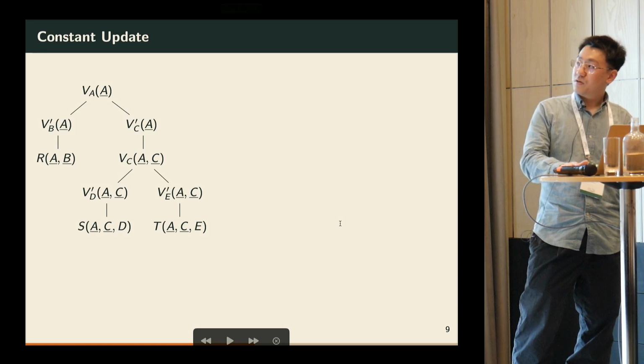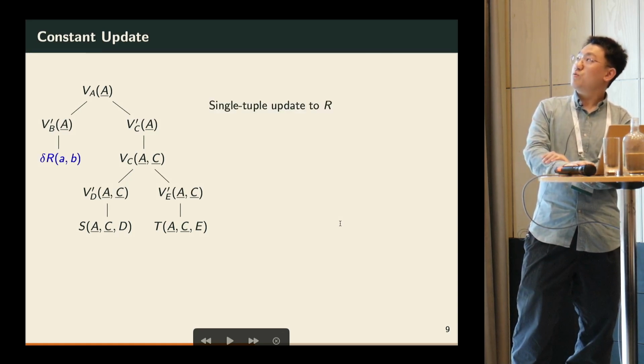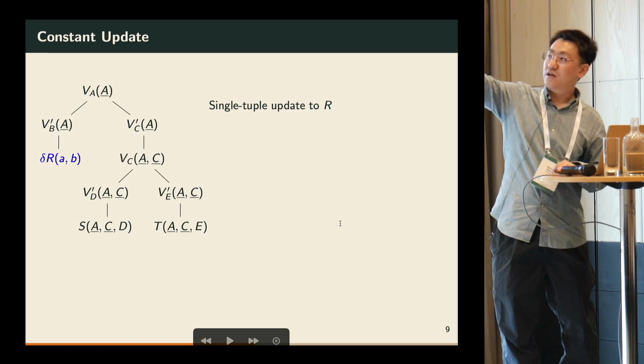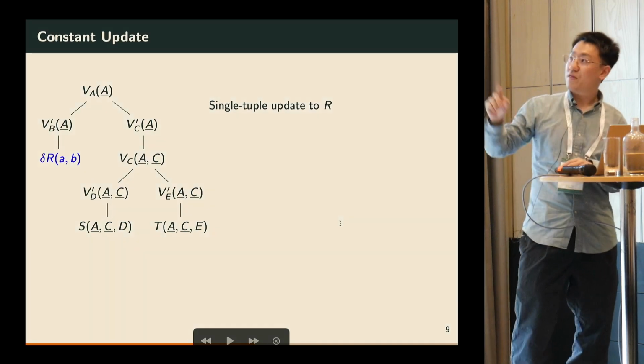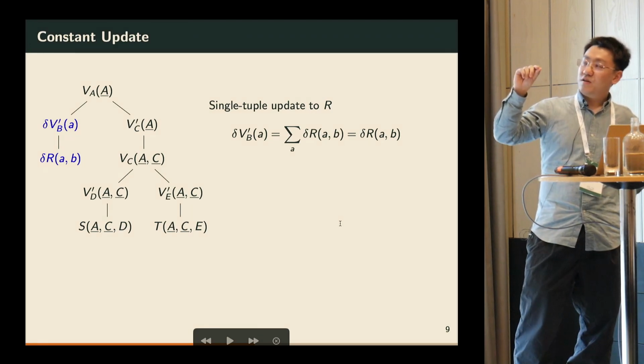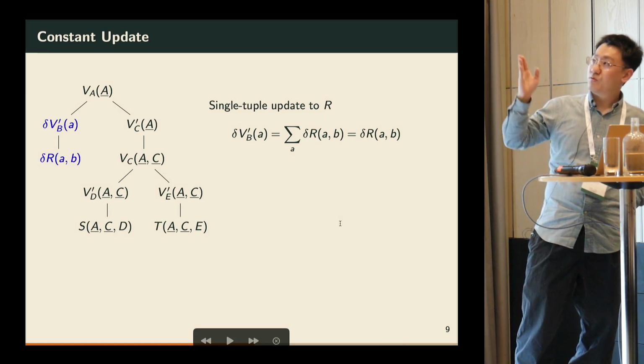Then it's about updates. Assume we have a single-tuple update to relation R with the given values A and B, the delta R. We compute what is triggered by this delta R all the way along to the root.